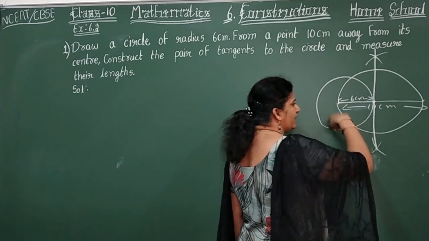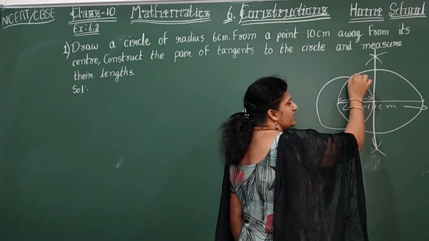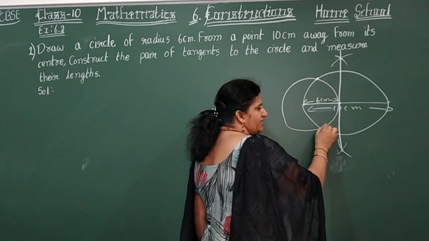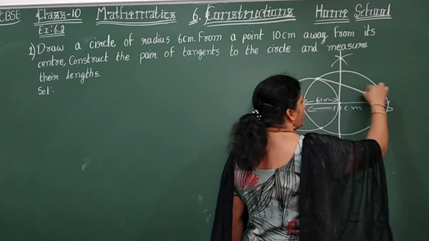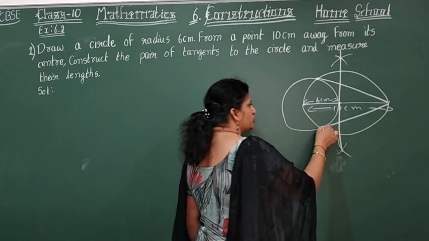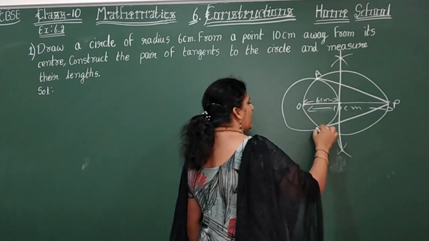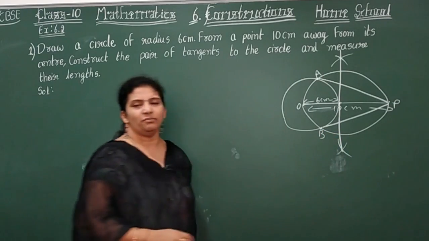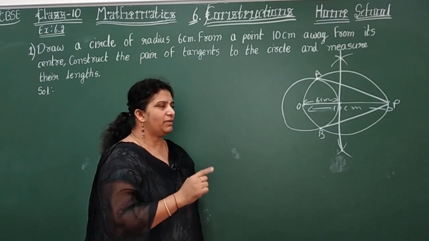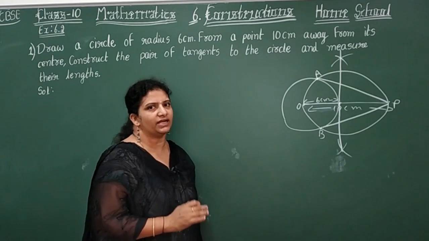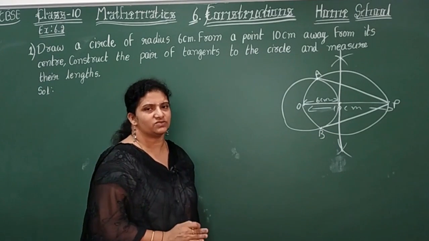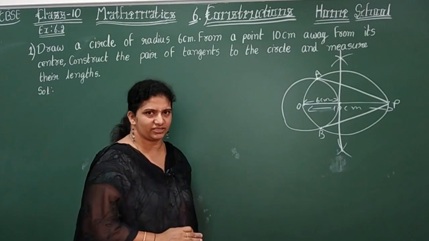This is the new circle, right? Touching the original circle at this point and this point. So from this point to here and this point to here, join. And this is the center, this is a point. Let me mark it as AP and PB. AP and PB are what? These are only the tangents, the pair of tangents we need to draw for our construction.